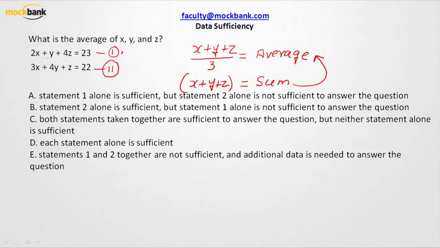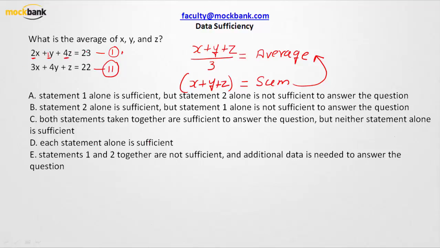Because in order to find out the sum of x, y and z, the coefficients of x, y and z must be the same. Over here in statement number 1, the coefficient of x is 2, the coefficient of y is 1 and the coefficient of z is 4, and they are not the same.